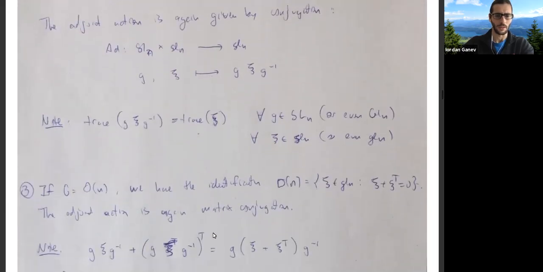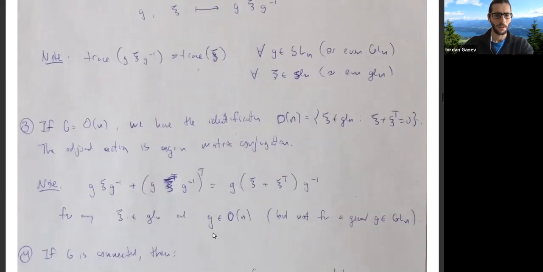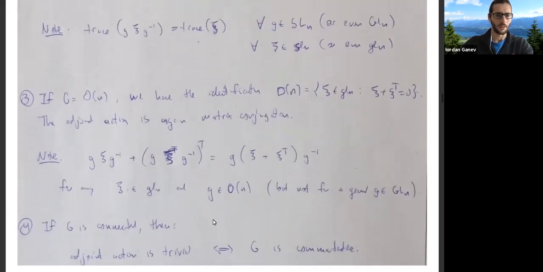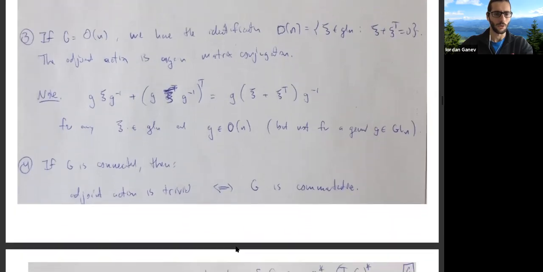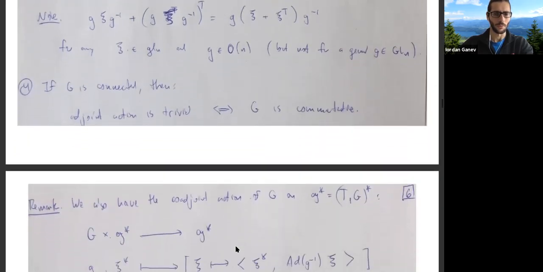And we also saw the example of the orthogonal group. Here we had the little subtlety that we need to make sure that we're conjugating by an orthogonal transformation, not just any matrix, for the condition for the Lie algebra to be preserved. And the adjoint action is trivial if and only if the group is commutative.